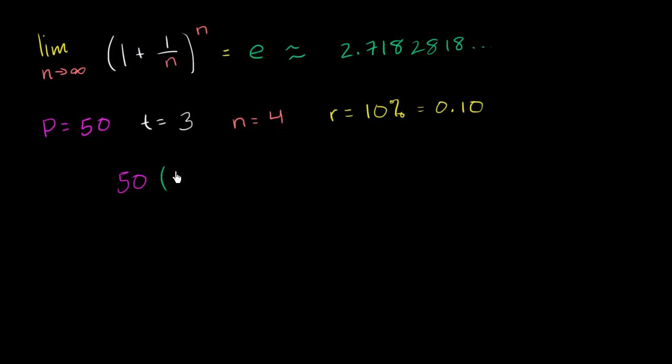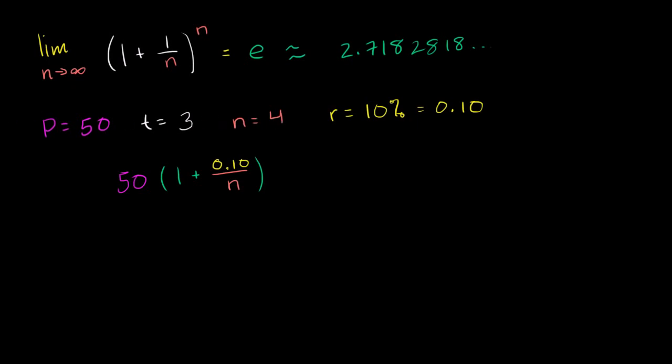Each of them you're going to compound by 1 plus this r, which I'll write as a decimal, 0.10 divided by the number of times you're compounding per year. Well, you'd be raising it to the nth power if this was only over a year. So there's 4 periods, and you'd raise it to the 4th power if it was only a year. But this is 3 years, so you're going to be doing this 3 times 4. You're going to have 4 periods 3 times.